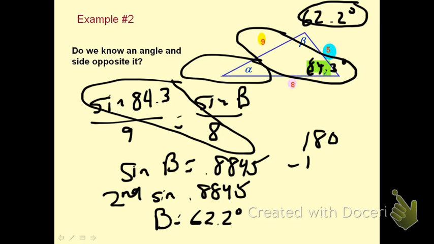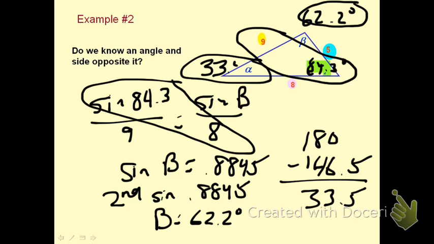So 180 minus 146.5 is 33.5. So this last angle is 33.5 degrees. So now I have all three sides and all three angles, so the triangle's solved. Okay, so let us know if you have any other questions, and good luck.